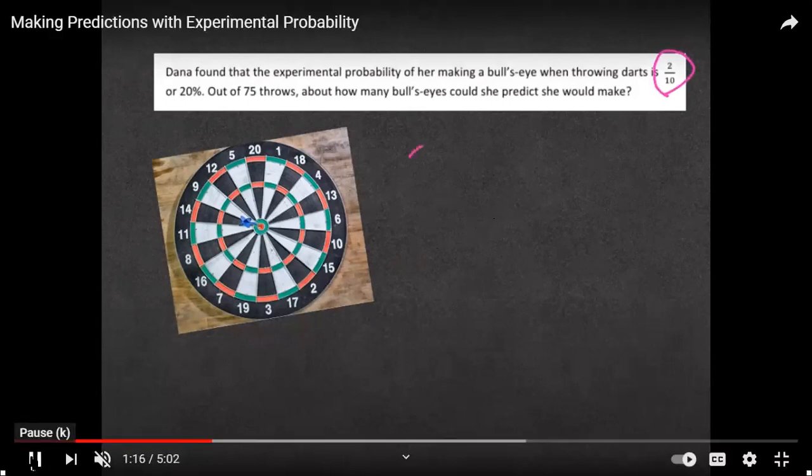We said out of 10 times, she got how many, when she made the experiment 10 times? Yasser? Okay, Yasser. I got 15 times out of 75 throws. How did you calculate it?